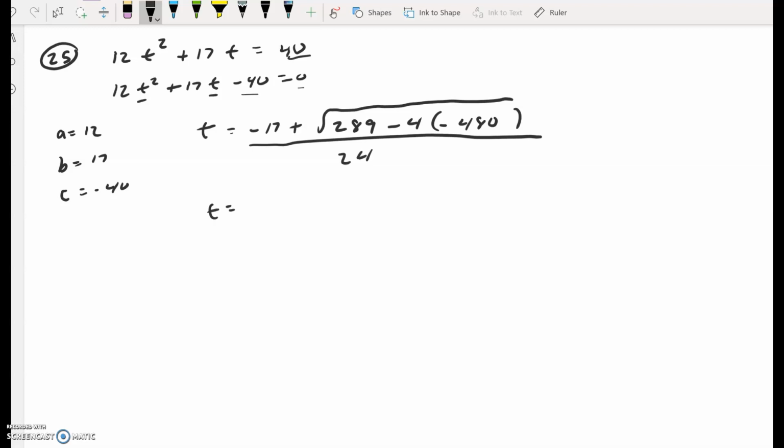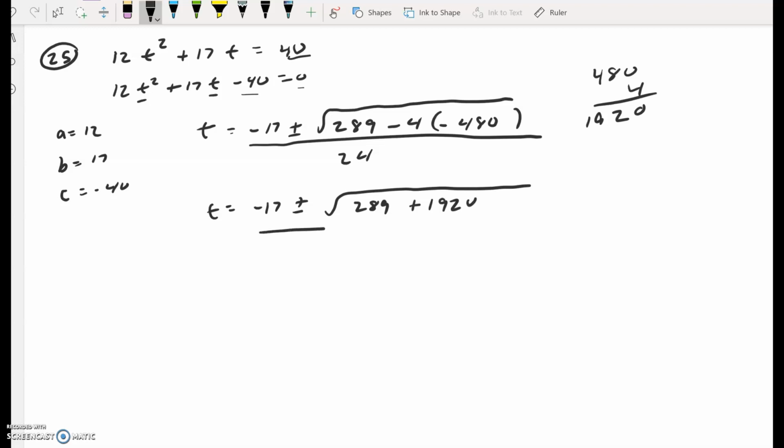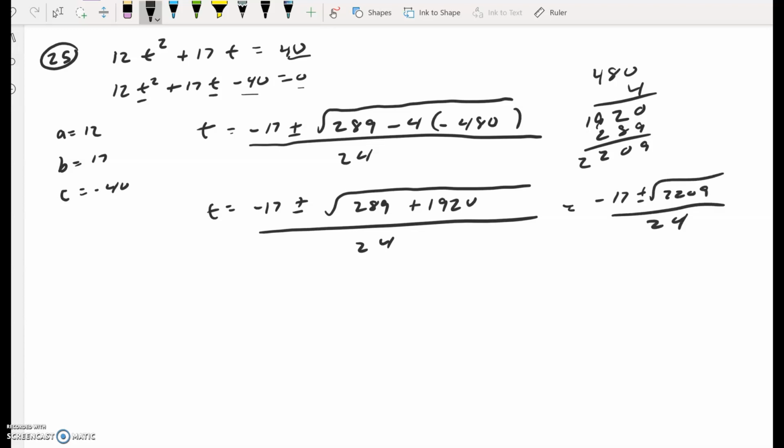And so now we have t equals negative 17, forgot the minus in the plus or minus sign, plus or minus the square root of 289, and then we have 4 times 480, which is 1920, divided by 24, and that equals negative 17 plus or minus, and we have to add 289 to the 1920, and we get 2209 divided by 24.